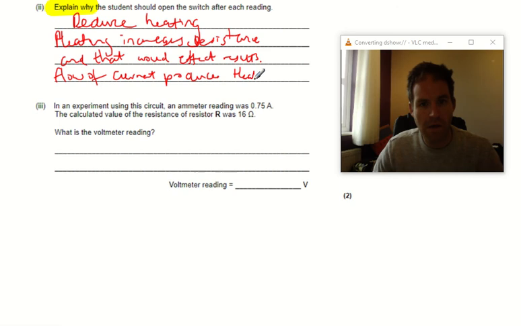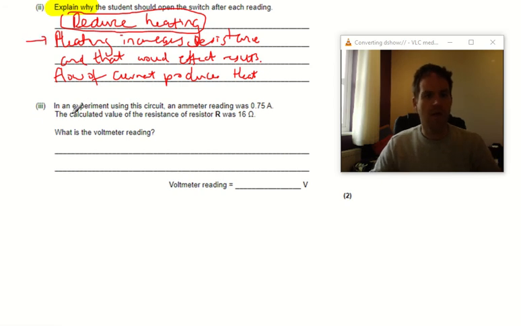Okay? So the idea is to reduce the heating effect. Now, what do we mean by that? So the flow of current produces heat. So if we turn it off, it stops the flow of current, and therefore the heating will decrease. But if we did leave it on, the heating would increase the resistance, and that would affect the results.